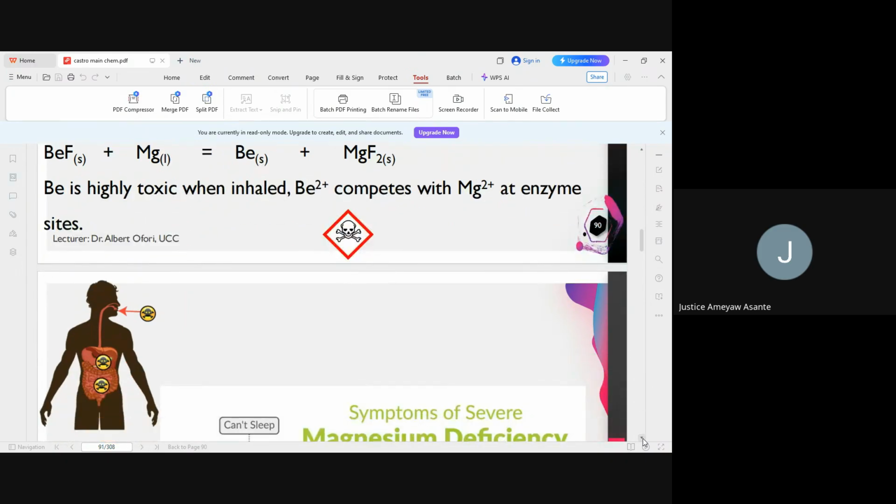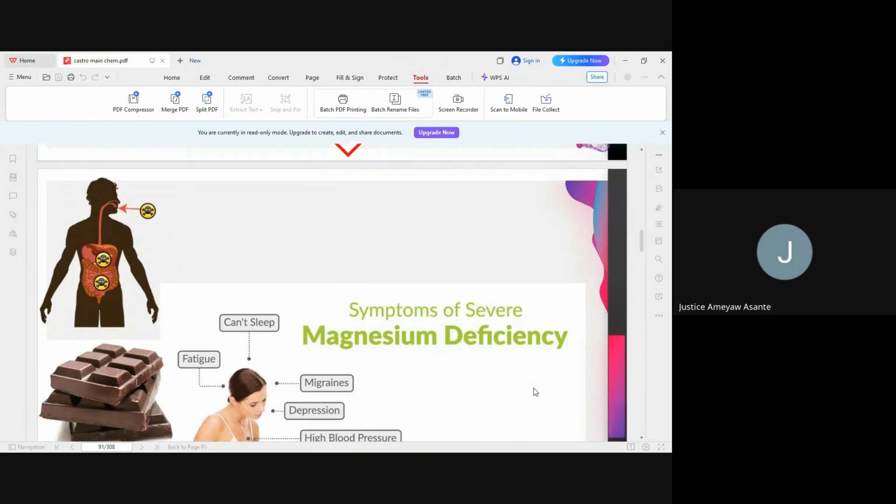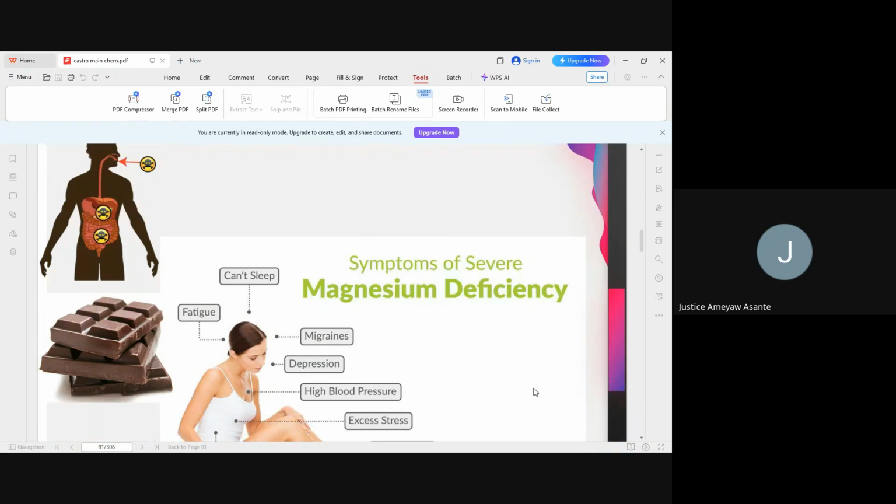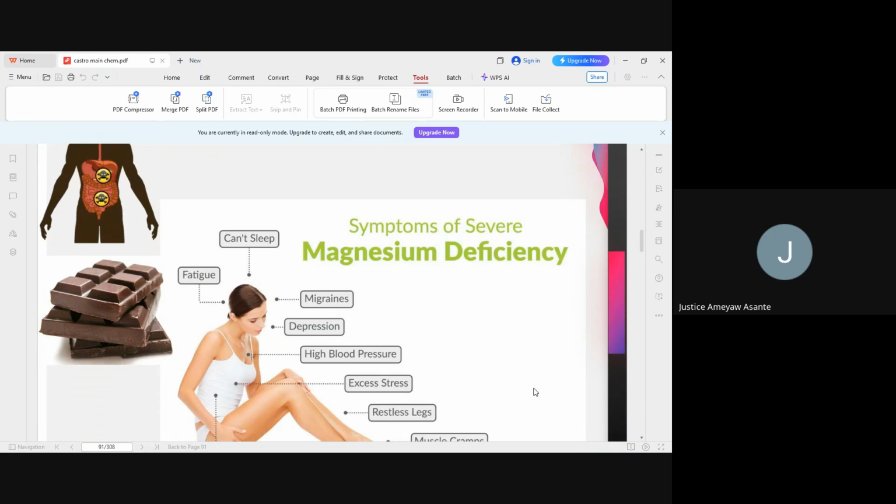So when beryllium goes into your system, it is going to compete with magnesium, and that will bring about poisoning of your system. So beryllium is highly toxic. Beryllium ions compete with magnesium ions at the enzyme sites, and therefore what your body is supposed to do will not get done.